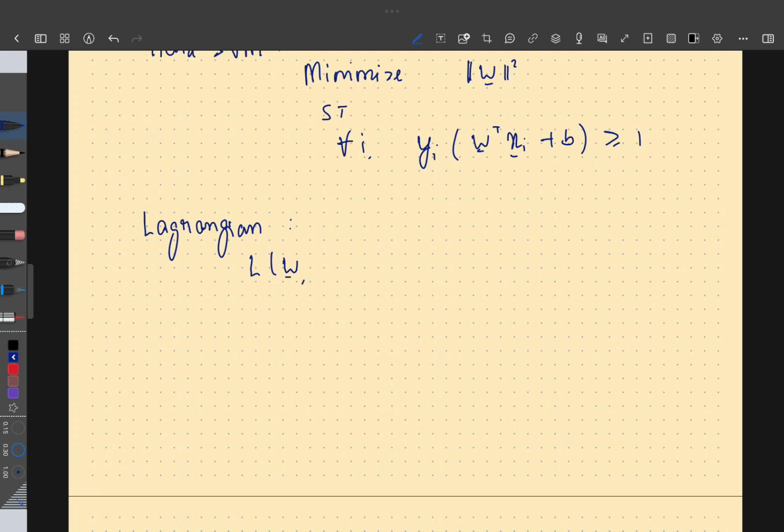So the Lagrangian is a function of w, b, and the Lagrange multiplier. We don't have any equality constraints, we only have inequality constraints. So maybe before that, I should rewrite this in the so-called standard form. We want everything to be of the form fi of x less than or equal to 0. So 1 minus yi times (w transpose xi plus b) should be less than or equal to 0.